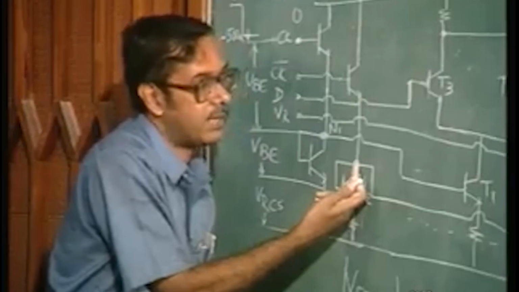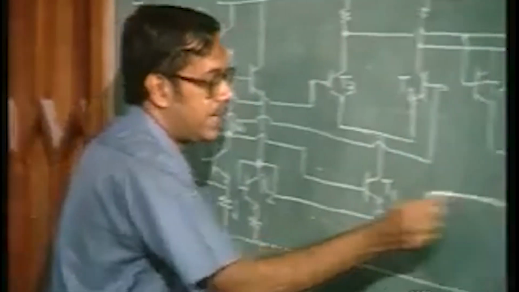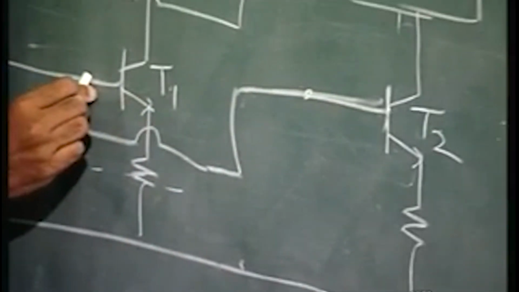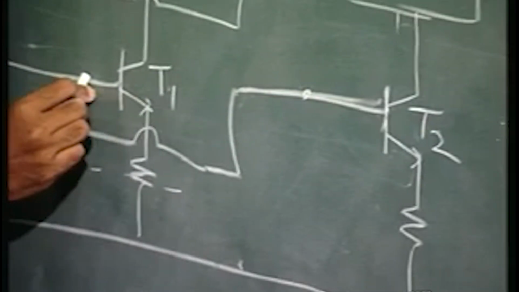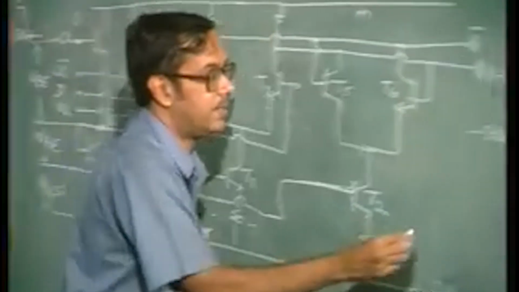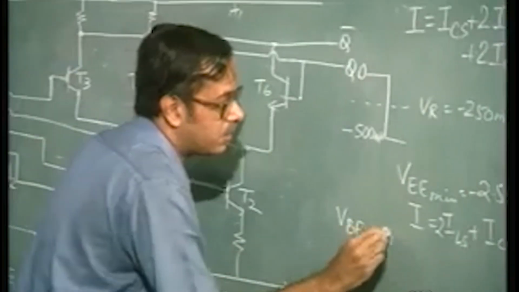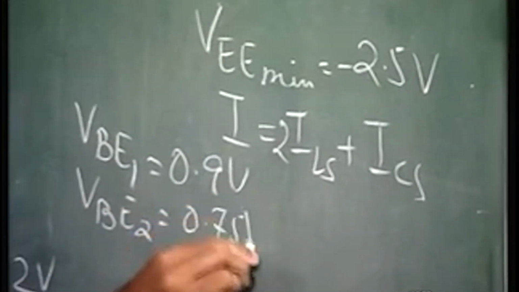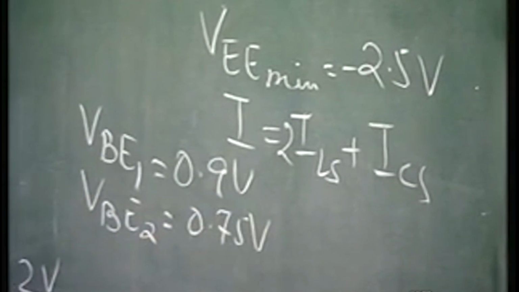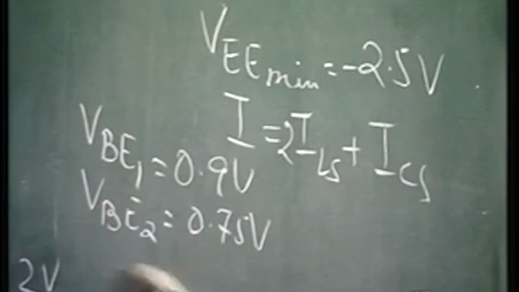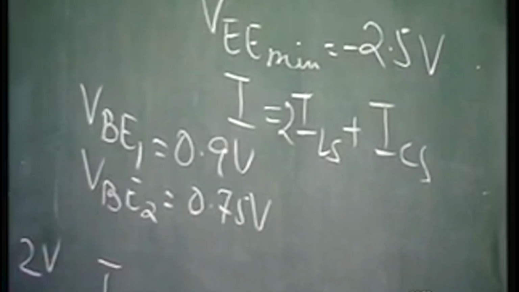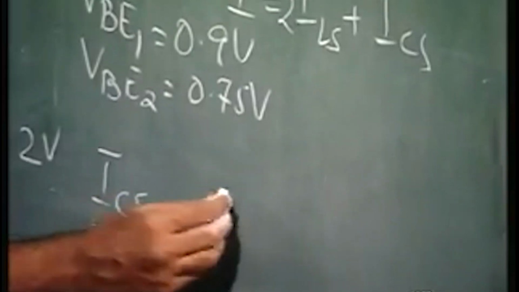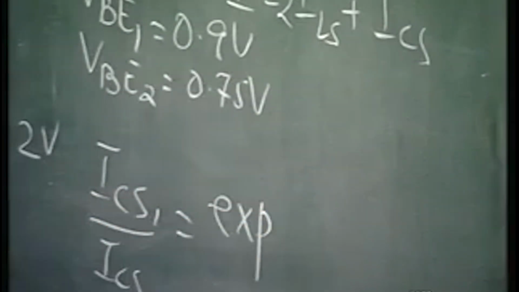So, if we say that at the base of T2 you have 0.75 volts and at the base of T1 you have 0.9 volts, so VBE1 is equal to 0.9 volts and VBE2 is 0.75 volts, then you can say that ICS1 by ICS2, that is the two current source values, is equal to exponential, because it is dependent on exponential VBE.